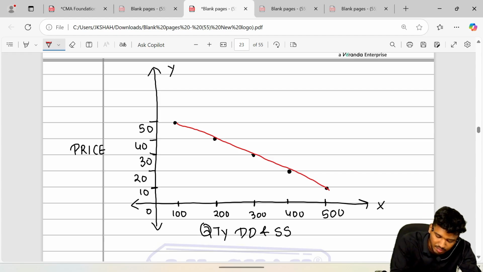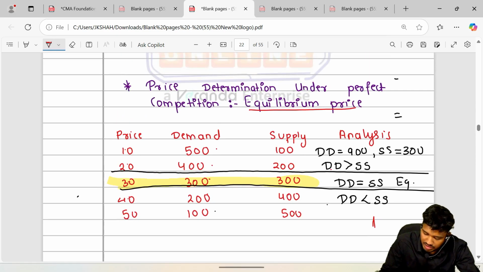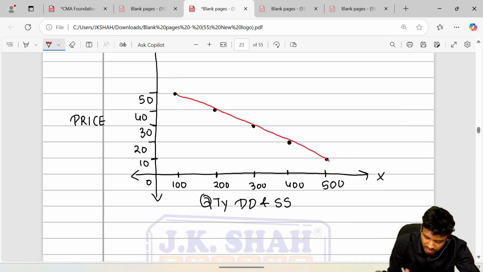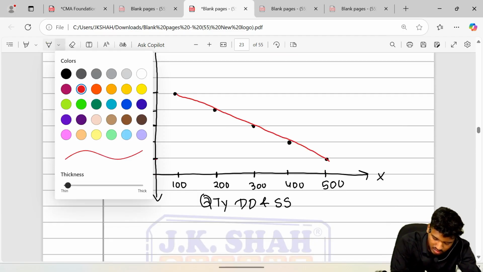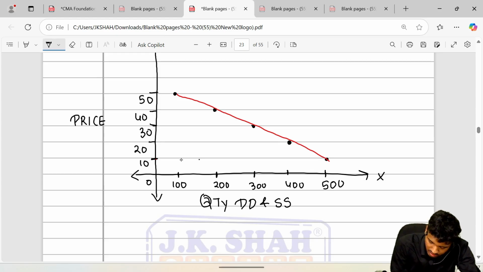Now, let's make the supply curve. And the price is 10, supply is 100. The price is 20, supply is 200. Price is 30, supply is 300. Price is 40, supply is 400.